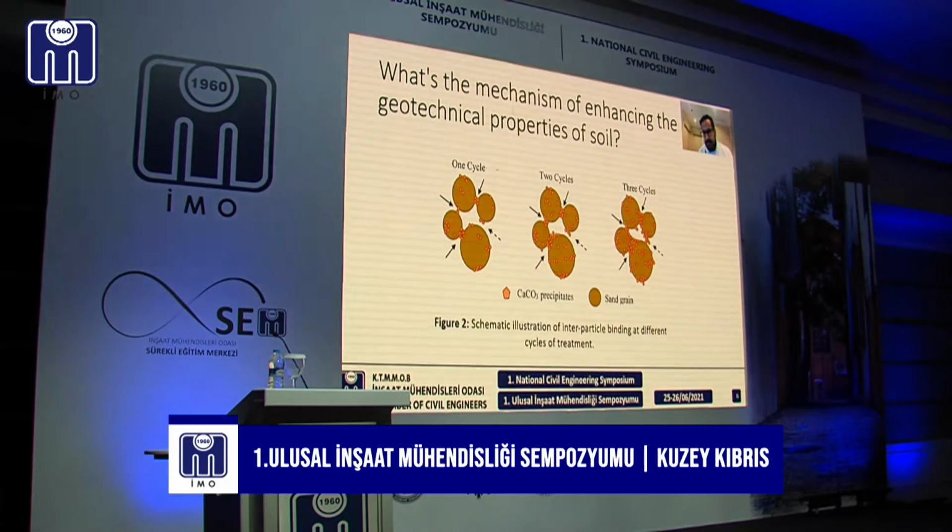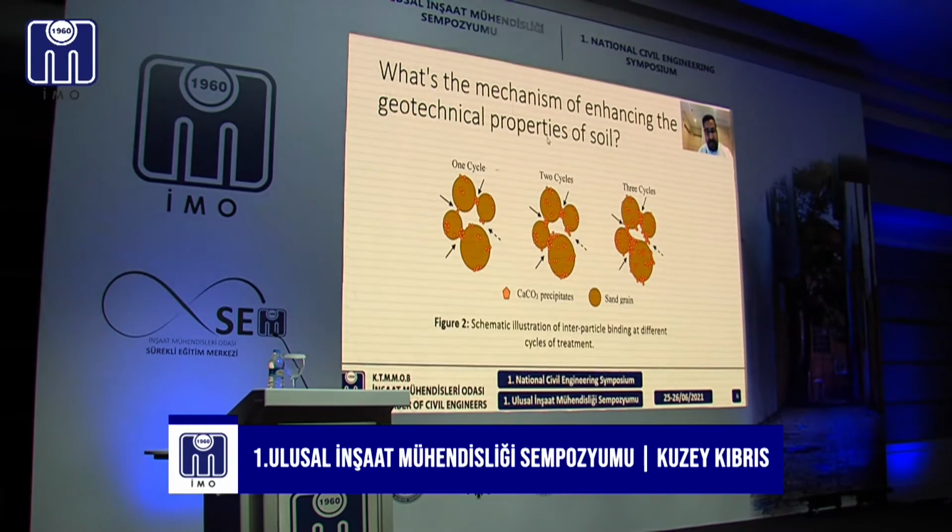And this is the mechanism of improvement. If we apply different cycles, this is one cycle, two cycles, three cycles. After the first cycle, as we can see, this small red circle represents the calcite.